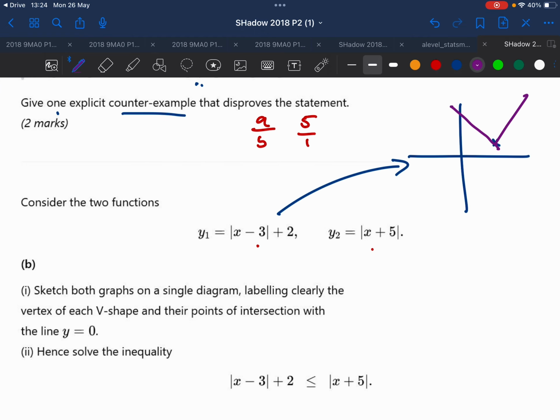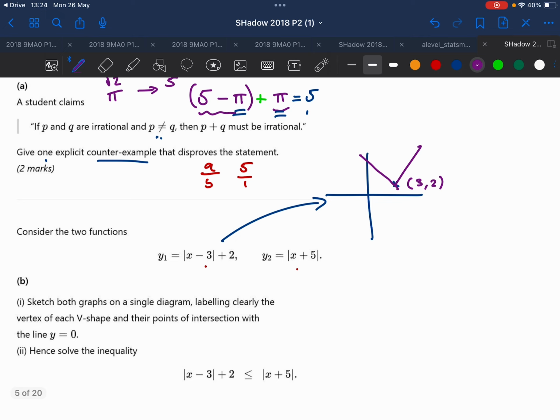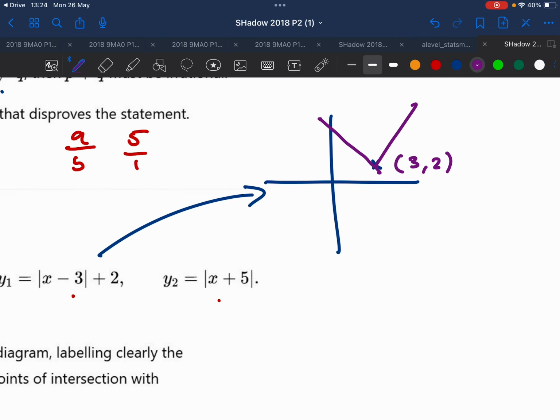The vertex, I said to label the vertex, so that's what we just said. That was 3, 2. It did actually say sketch both on a single diagram. Okay. And their points of intersection. Well, there are no points of intersection with y equals 0 because of this plus 2. This lifts it all up. So it would normally touch at 3, but it lifts it up.